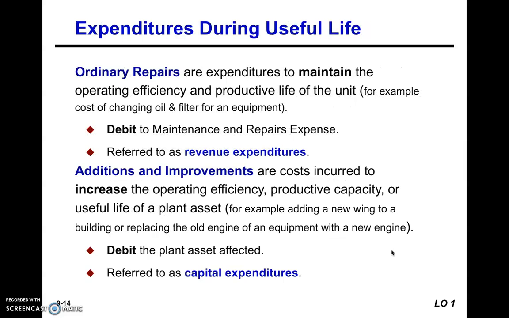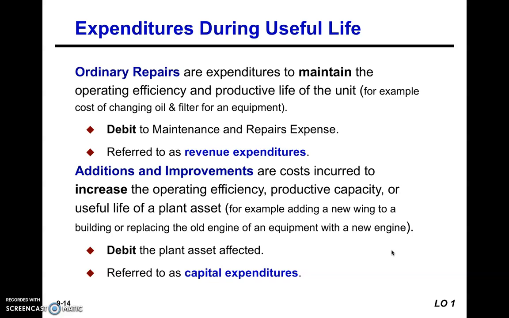Now, there are expenditures during the useful life of our plant assets that fall into two categories. One is ordinary repairs to maintain the operating efficiency and life of that asset. For example, if you have a truck, when you change the oil and filter, that is considered an ordinary repair because it maintains the efficiency of that equipment.